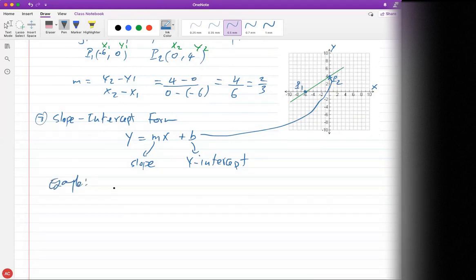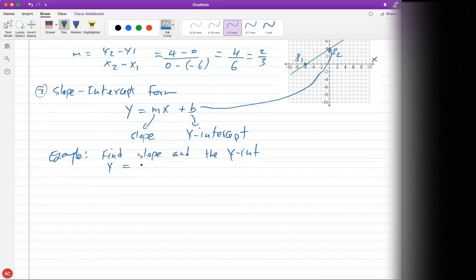Let's see a couple of examples here. Find m and the y-intercept. All right, so that's our line.